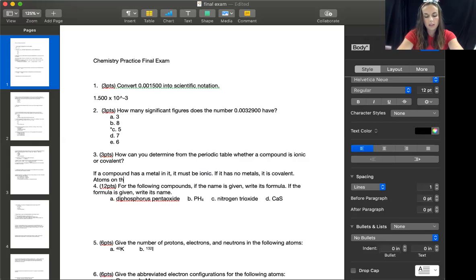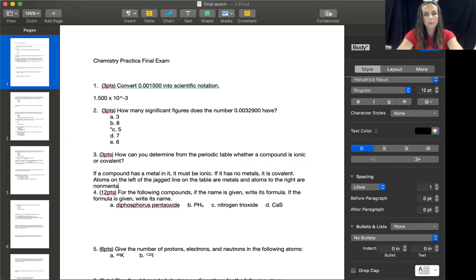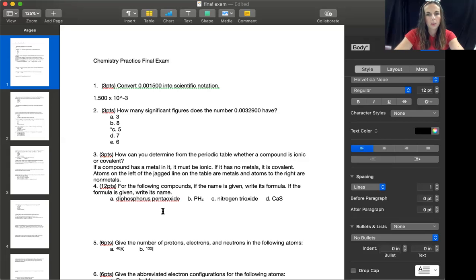Atoms on the left of the jagged line on the table are metals, and atoms to the right are nonmetals. Sorry, I spelled that wrong. Okay, let me take that up. There we go. All right, that's your answer for number 3.